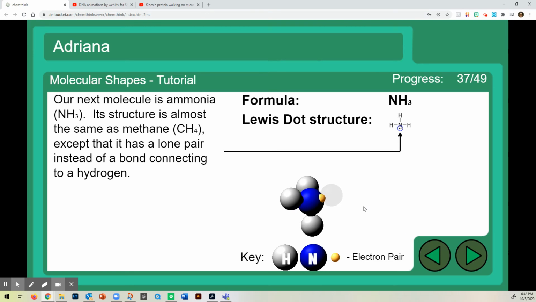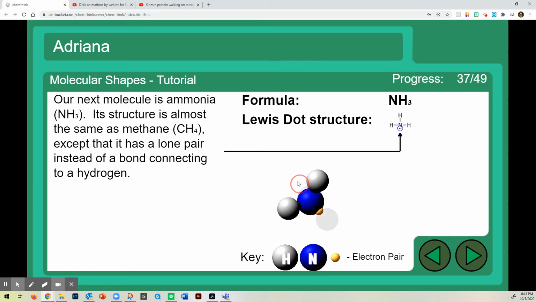Now let's look at what happens if one of those hydrogen bonds is replaced with just a lone pair. So in the case of nitrogen, for example, that only wants to form 3 bonds and have its lone pair, this is what would happen. We would have sort of our ghost hydrogen, right? It has the same shape if we count the lone pair.